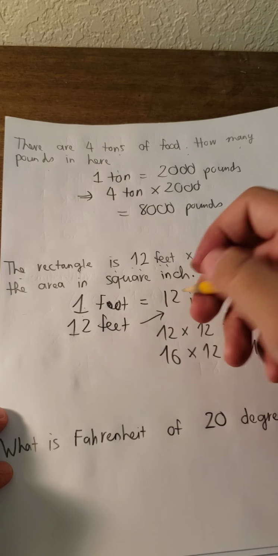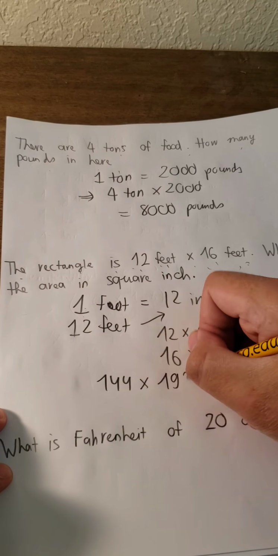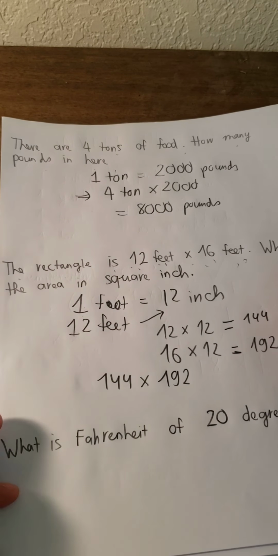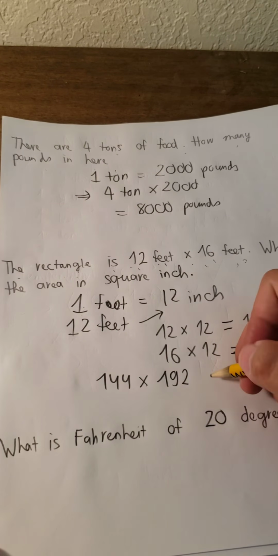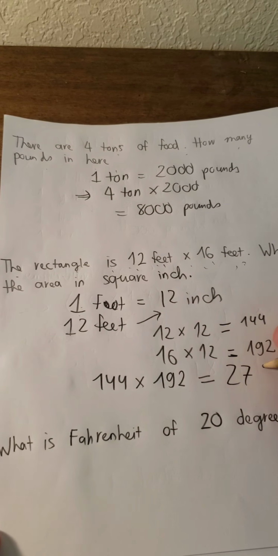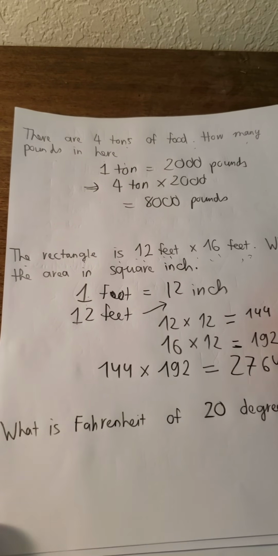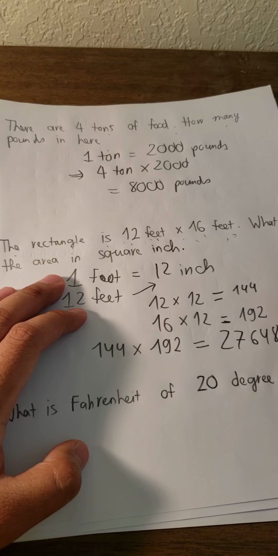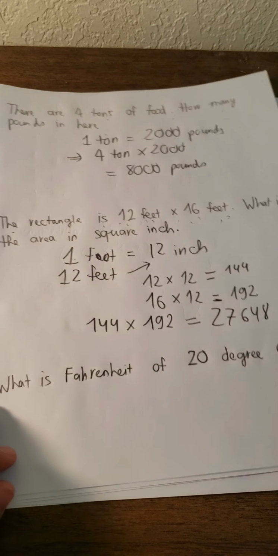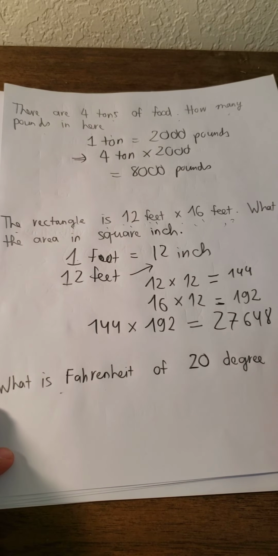So that's 144 multiplied with 192. We can get 27,648 square inches.